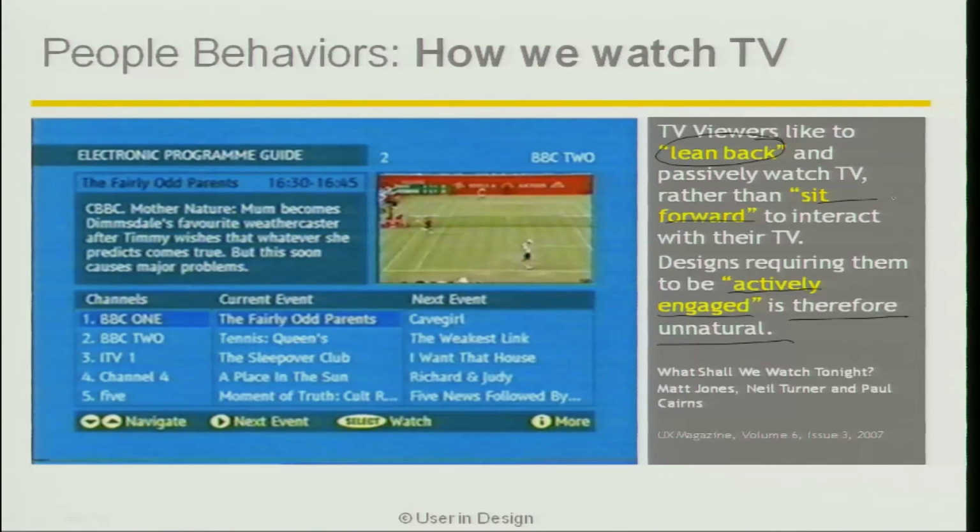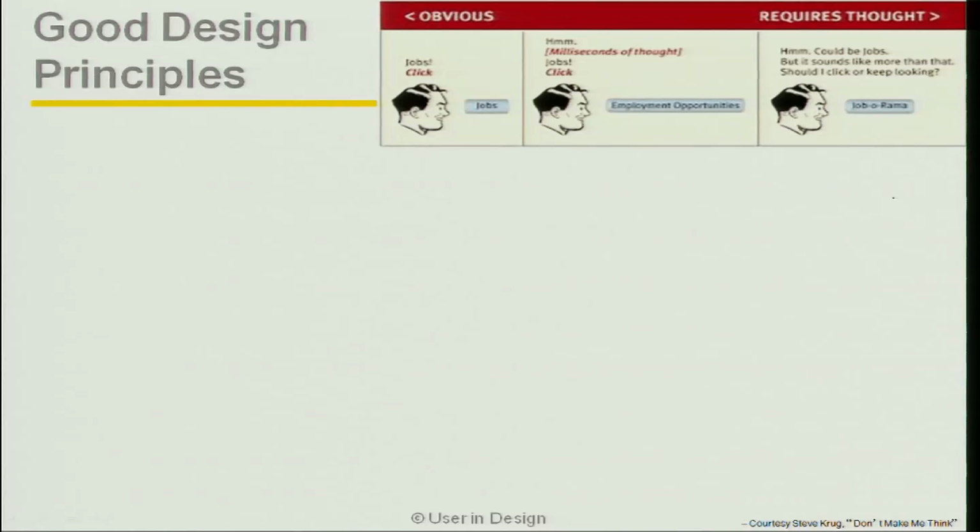So this is how people behave. So as designers, we need to understand that and we need to design accordingly. Good design principles from Steve Krug, a couple of principles that I'll share with you. Here's an example that says, there's a button called jobs. I don't need to think.